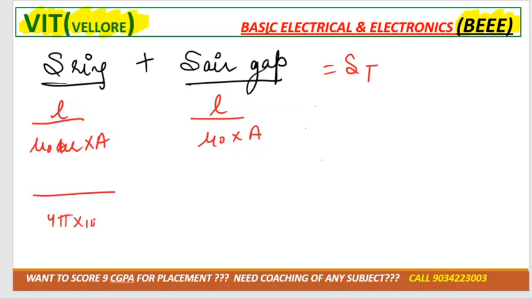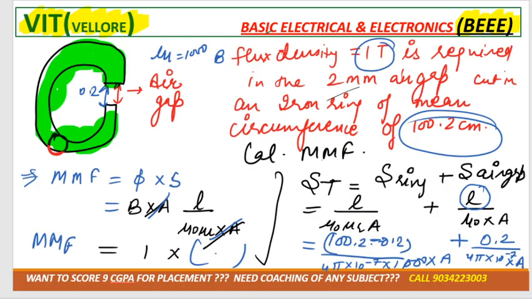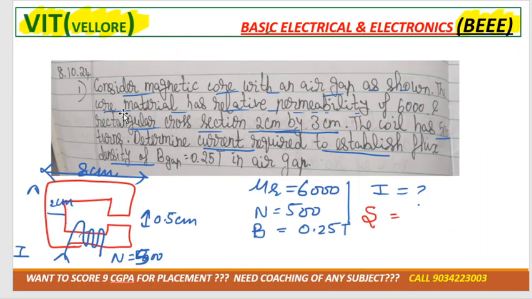Mu naught is 4 pi into 10 raised to minus 7, mu r is also given as 6000, right? And they didn't give the length directly, you need to calculate the length, right?